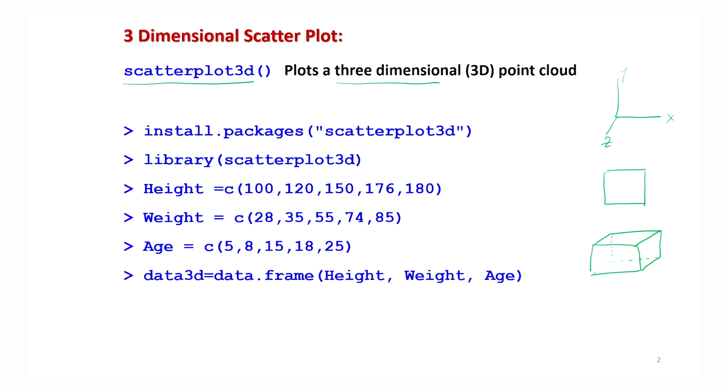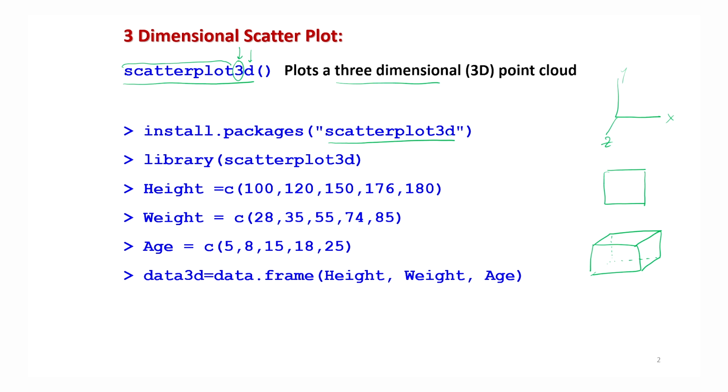Here is how I have written scatterplot3d: scatterplot in lowercase alphabets, then the number 3 and then lowercase d. In order to create such a three-dimensional scatter plot, we need to use a special package, scatterplot3d.